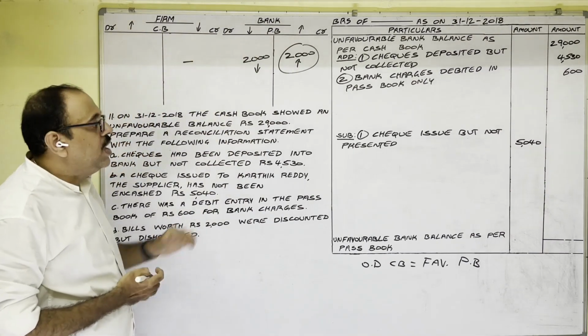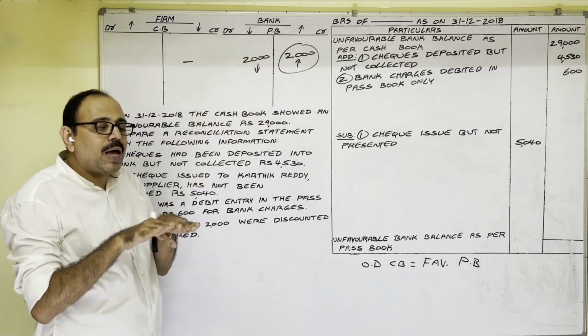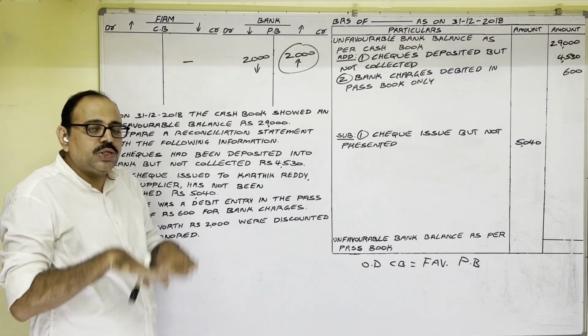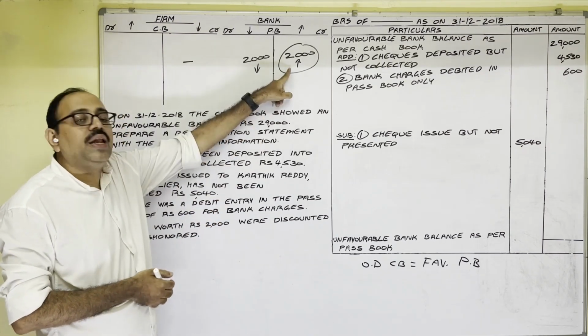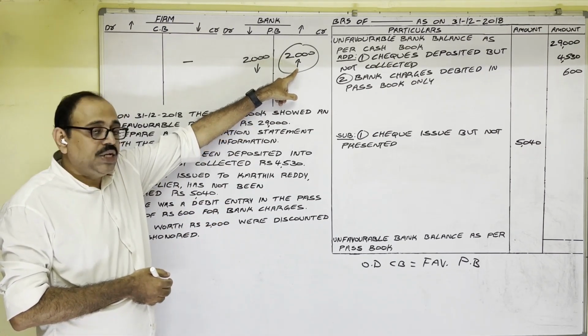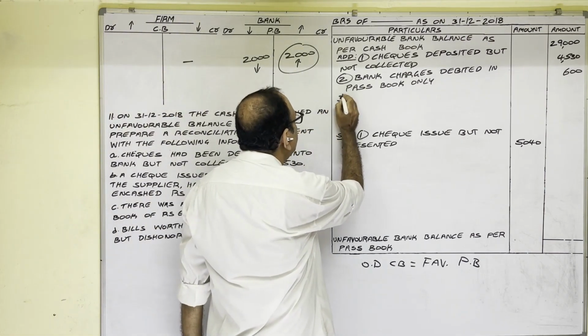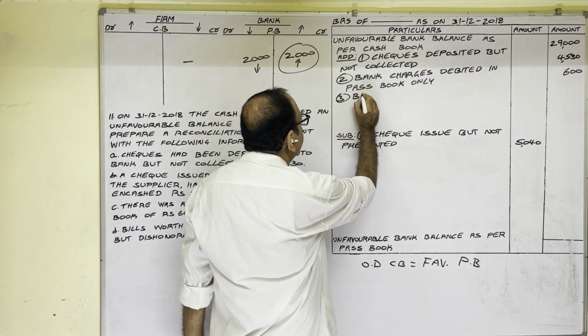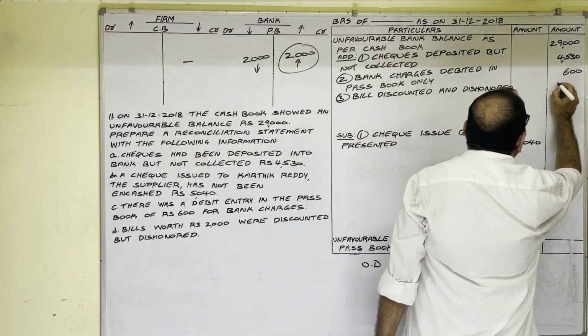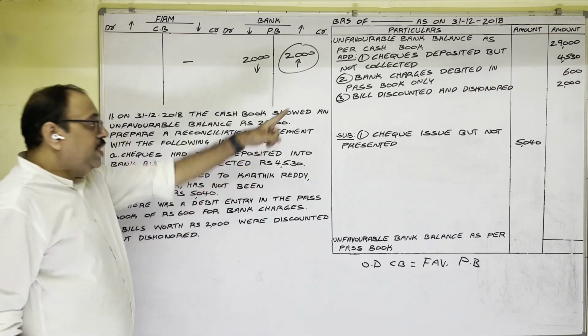Then finally, as per the passbook also, the bank balance remains constant. No decrease, no increase. This is our final answer. The answer came as an increase, so we should add. Sentence: bill discounted but dishonored, amount in the outer column, 2000 rupees. All points you have taken.